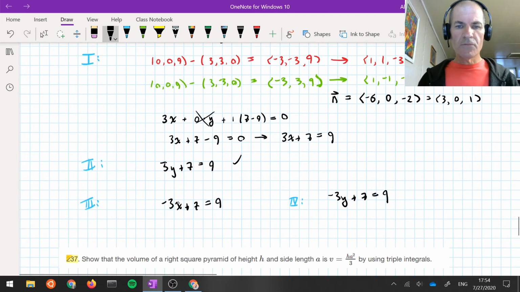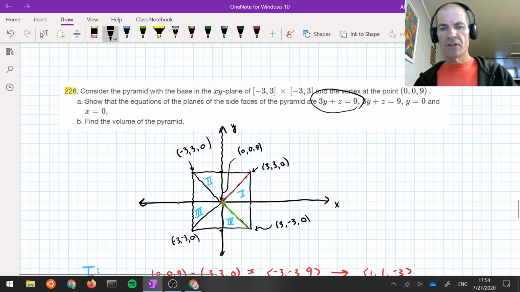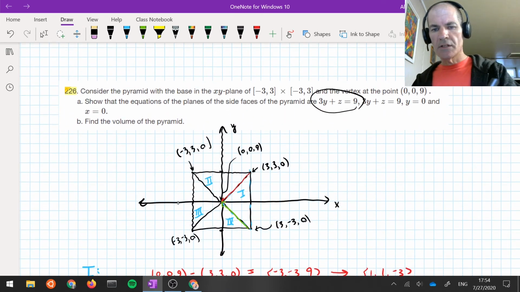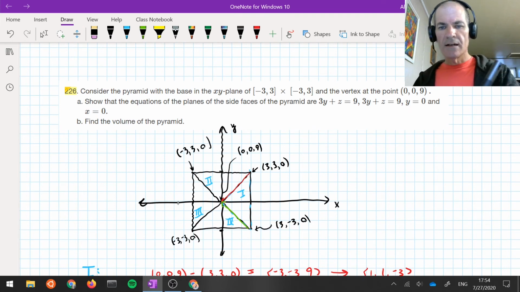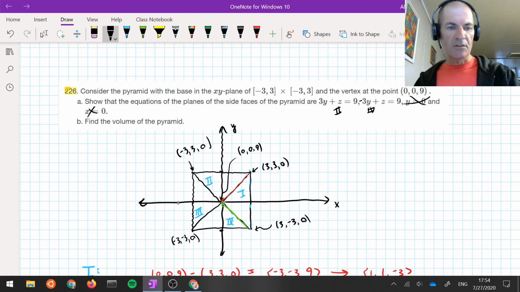So these are the 4 equations of the 4 faces, and you can see that the textbook here is just grievously wrong. 3y plus z, that's the second face. Negative 3y plus z, I guess, would be the fourth face. These just don't do anything for you.